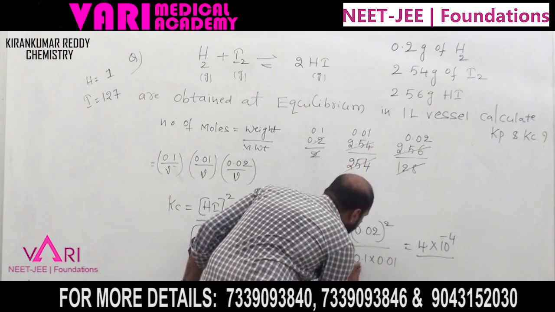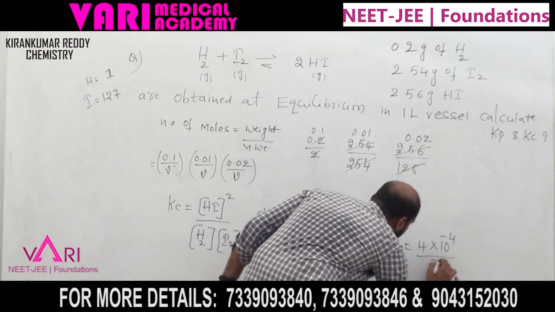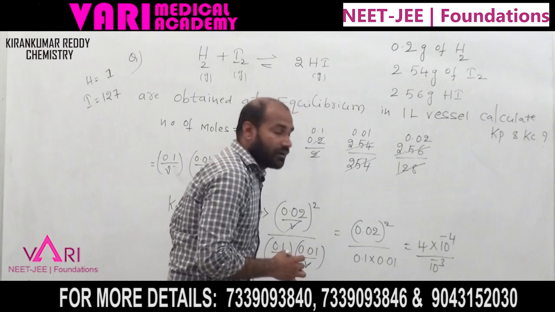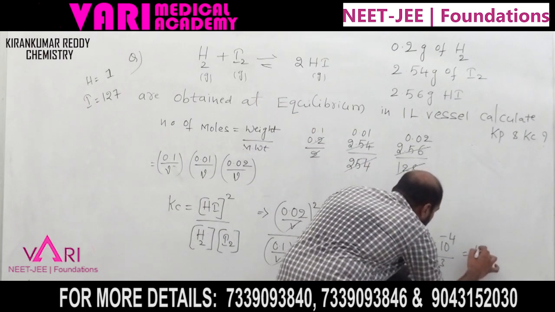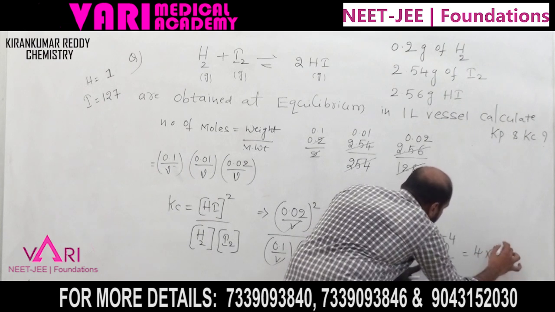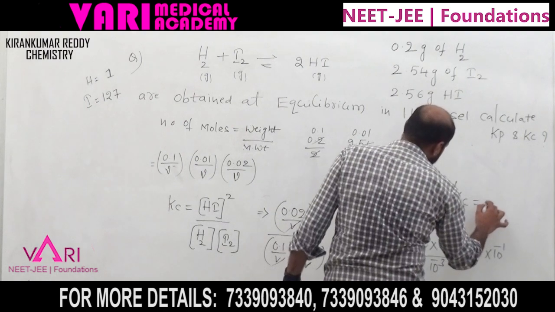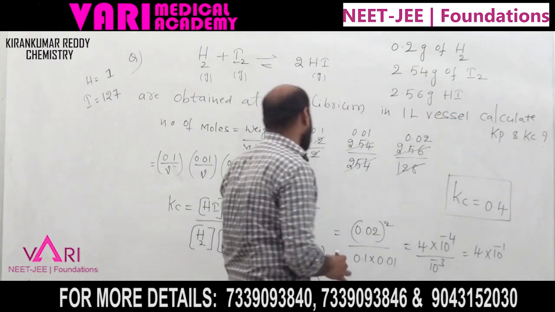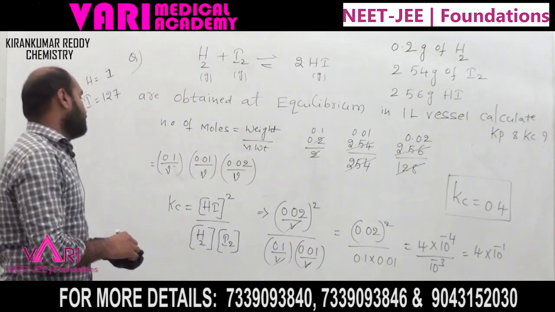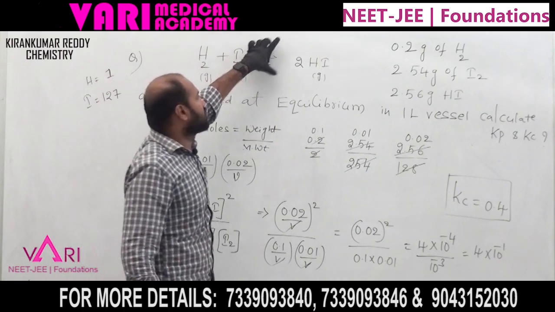Here what is happening: 0.1 into 0.01 is 10 to the power minus 3. Now 10 to the power minus 3 goes upside, and we get 4 into 10 to the power minus 1. What is the Kc value? That is equal to 0.4.